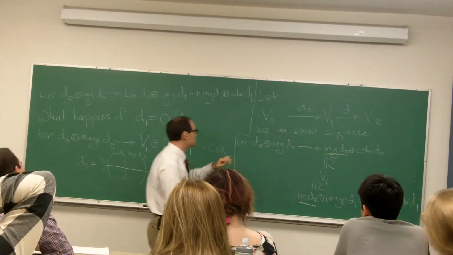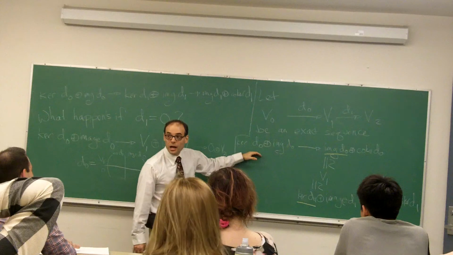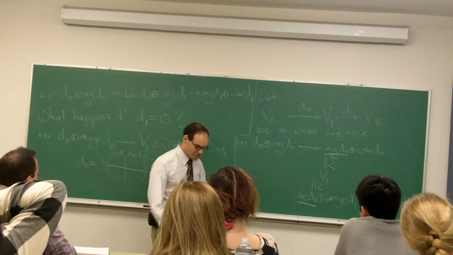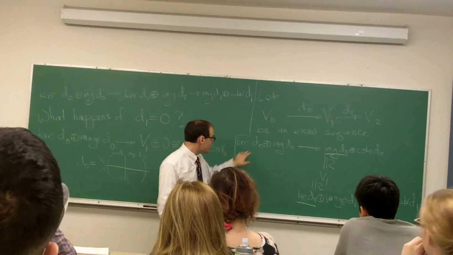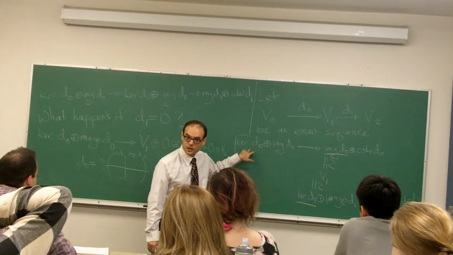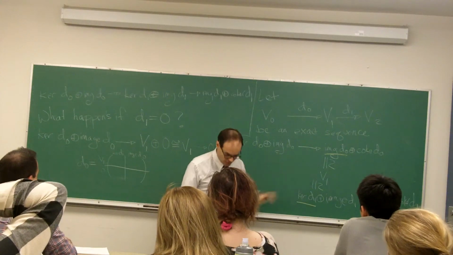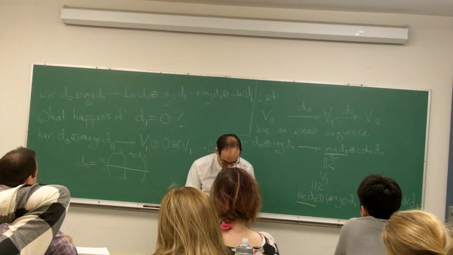But now by choosing this kind of decomposition, I'm thinking of a basis in which the first few basis elements all lie in the kernel, and a basis in which the rest of them don't.